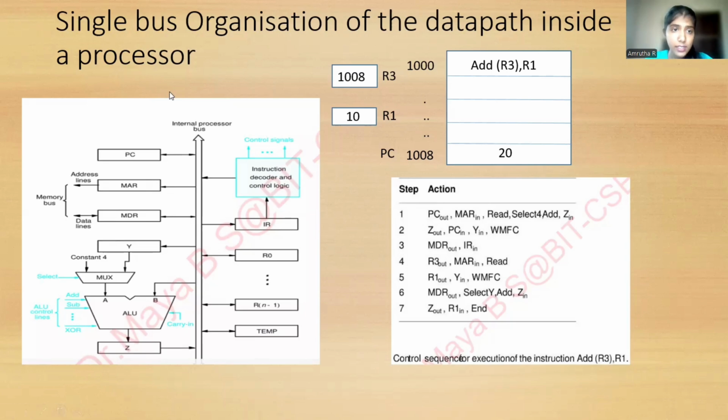And whatever we have seen from PC to IR is considered to be the fetch cycle. So whatever was present at the address in the PC is now present in the instruction register. So this is the way from PC to MAR, and with the help of address lines and the memory bus, it is transferred to MDR, and then later on it is transferred to IR.